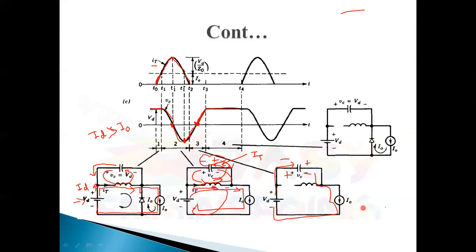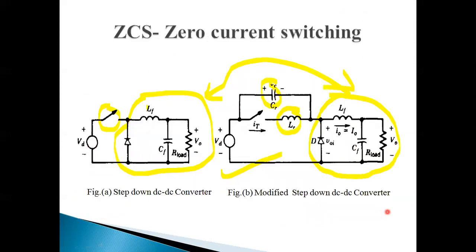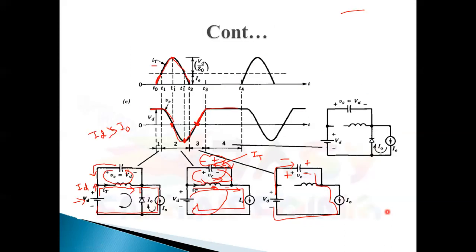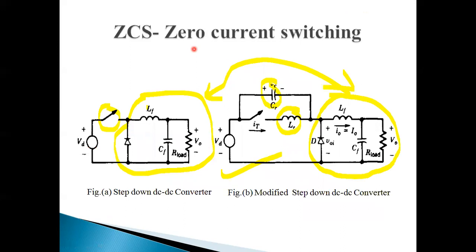So this is zero current switching. When you turn off the switch in mode 3, you will get zero current, which is our aim, our motive for understanding and performing this circuit operation.